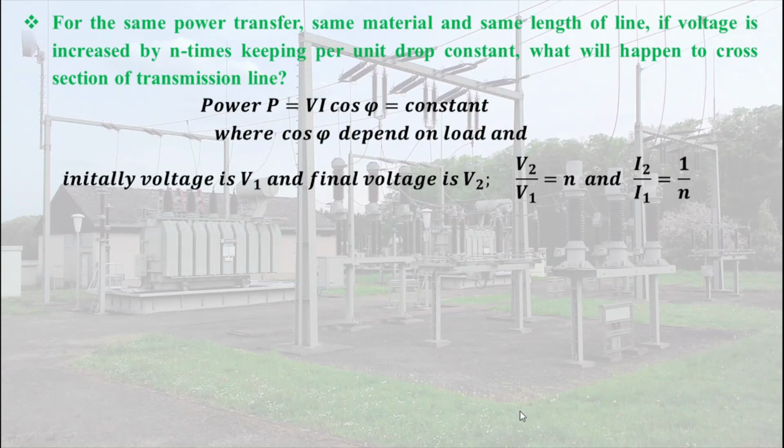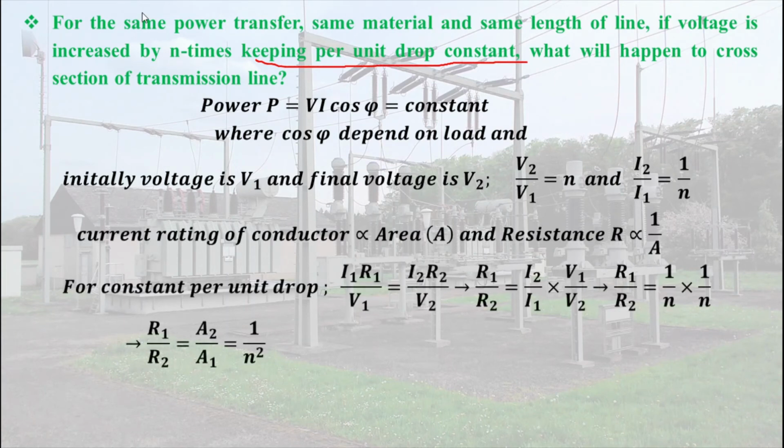But here per unit drop is also constant, meaning IR/V is constant. So we can write I1 R1/V1 = I2 R2/V2, and it gives I2/I1 into V1/V2 = R1/R2. Here I2/I1 = 1/n, so we can put it here, and V1/V2 = 1/n.